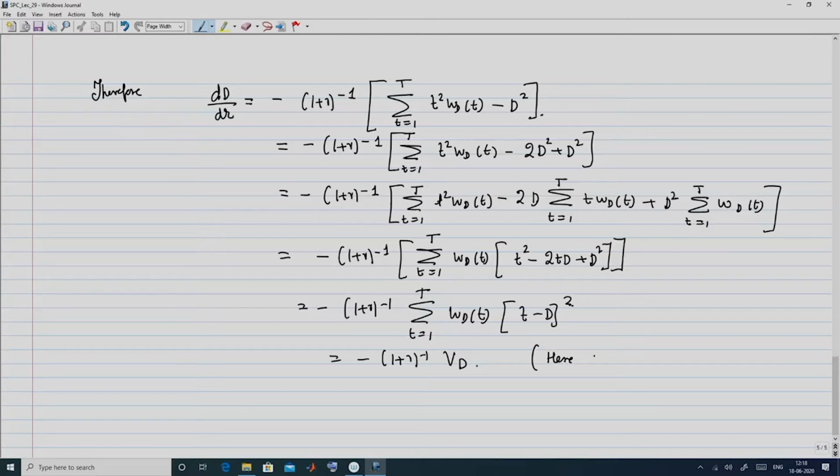So, here V d is nothing but summation W d of t, t equal to 1 to capital T, into (t minus d) square.